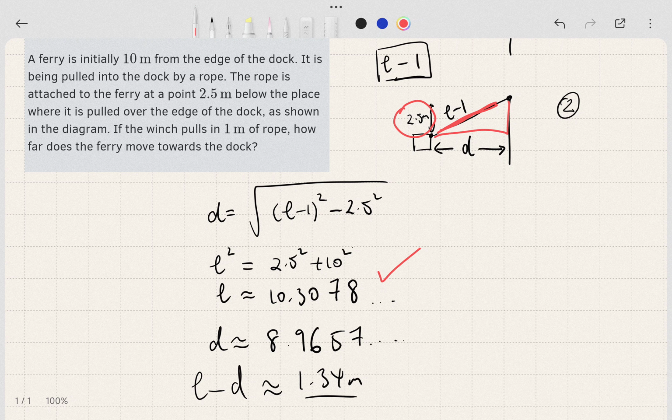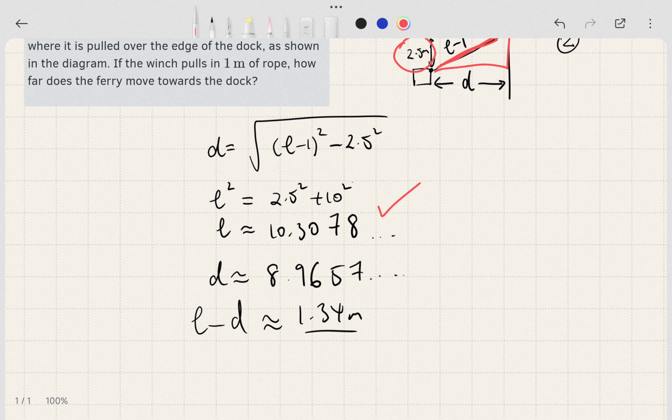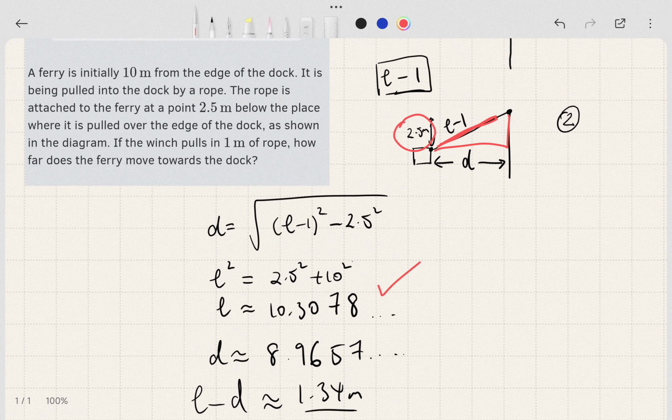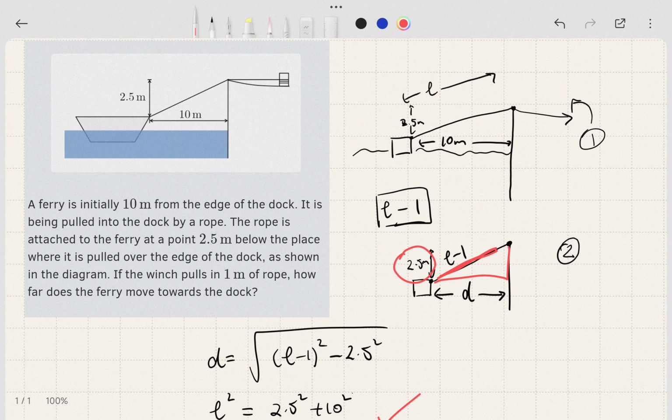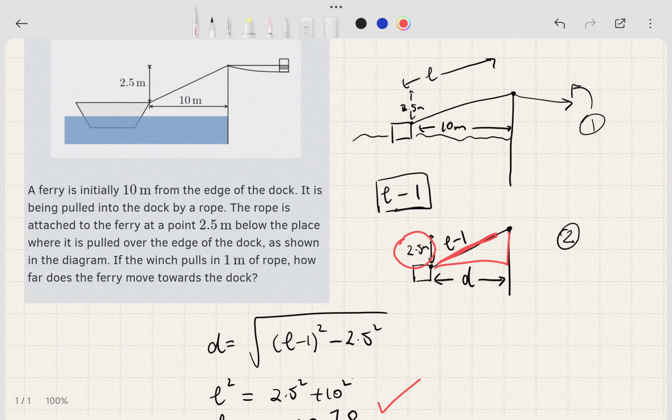So square rooting the answer, we get 8.9657. And 10.3078 minus 8.9657, we get 1.34. So it seems that the boat moves 1.34 meters inwards, which is not captured in the answer choices.